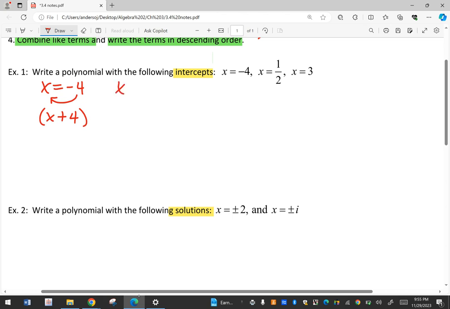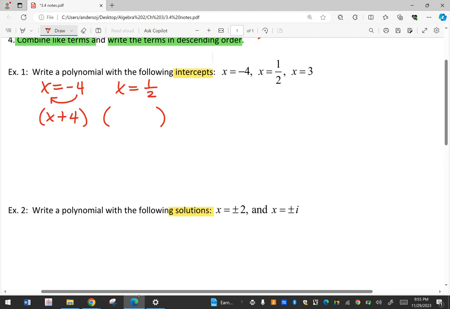In the second one, I have x equals positive 1/2. Now, it might make you think that if I reverse that I'm going to go ahead and just put x minus 1/2. Except we don't want to do that. We don't want to write a fraction in the set of parentheses. So what we want to do is come up with a set of parentheses that would give us this as a solution.